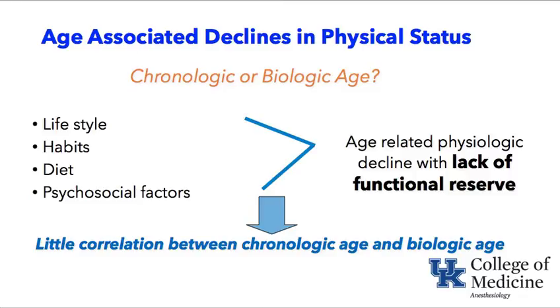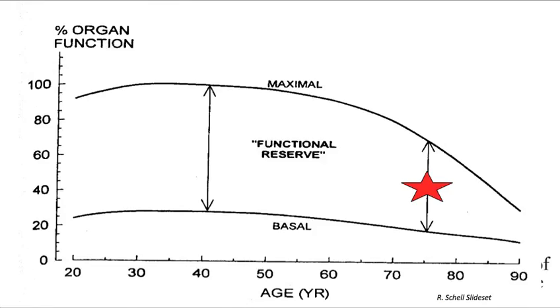Lifestyle habits, diet, psychosocial factors all impact the age-related physiologic decline that we see in most of our organs, and the lack of functional reserve that is present so that when those organs are stressed, they cannot increase their function. So there's little correlation between true chronologic age and biologic age, and we need to consider each organ system and how it's functioning in each patient.